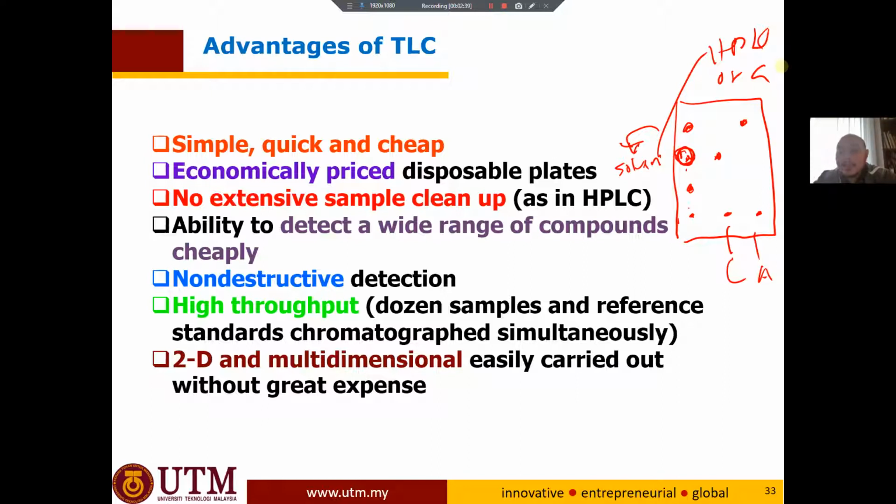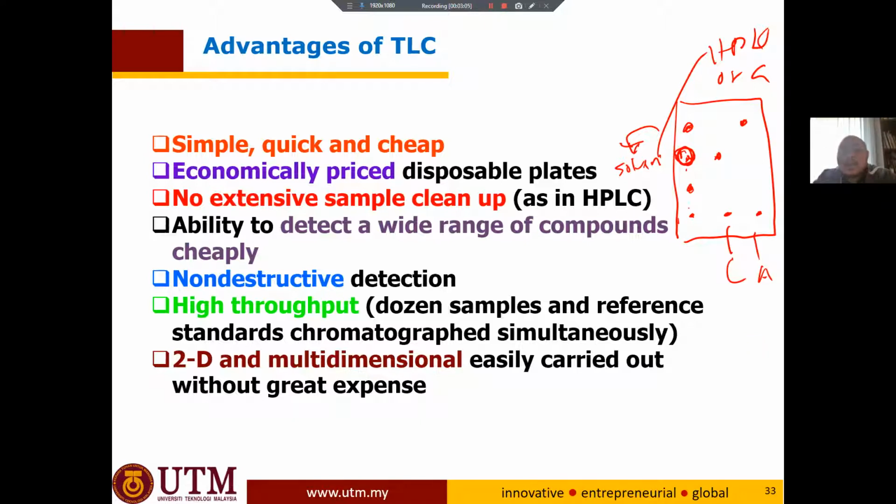So TLC is part of the screening process. It's actually non-destructive. It means that we can still take the spot and proceed with further analysis. But if we just run the sample under HPLC or GC, the sample will get destroyed. We cannot collect the sample anymore.